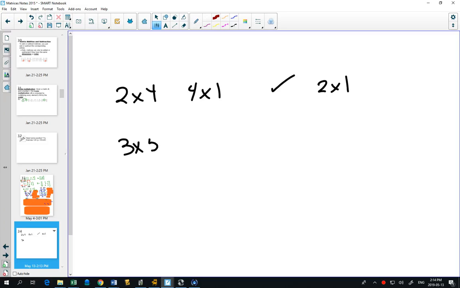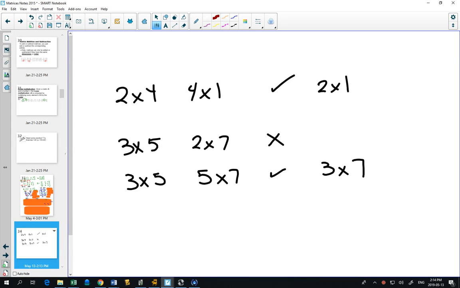If I multiply a 3 by 5 by a 2 by 7, it doesn't work. But a 3 by 5 multiplied by a 5 by 7 does work. It gives me an answer that's a 3 by 7. If I multiply a 3 by 5 by a 5 by 1, it works.